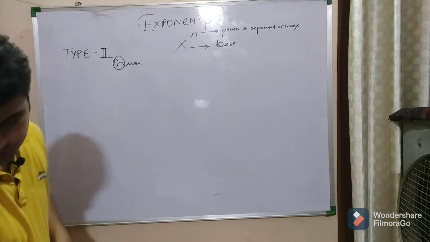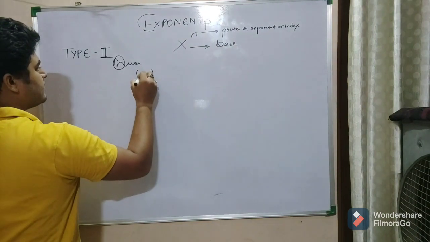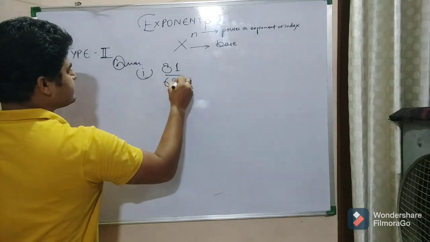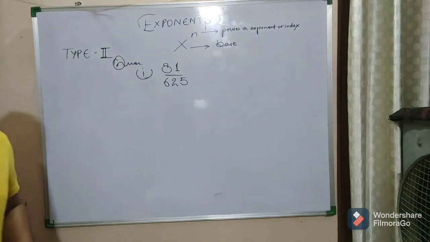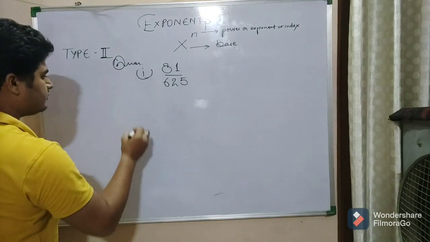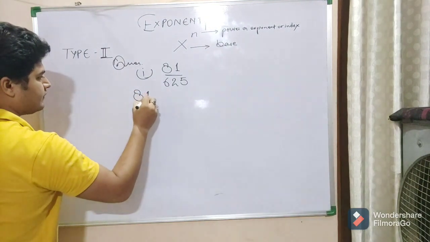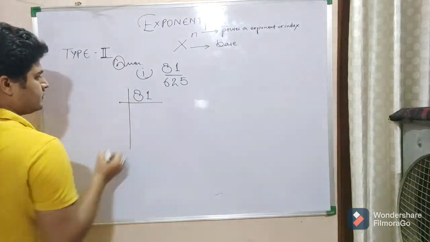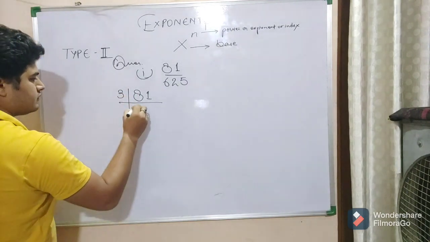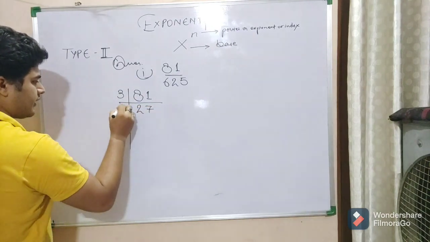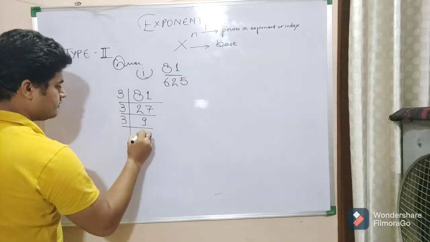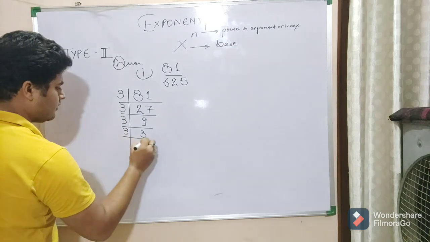Now see, the number given is 81 upon 625. We have to write it down in power notation. So we will have to find out the factors of 81. Not divisible by 2 but divisible by 3, 27 times, again divisible by 3, 9 times, again by 3, 3 times, and again by 3, 1 times.